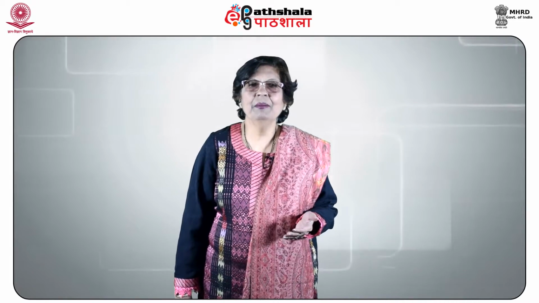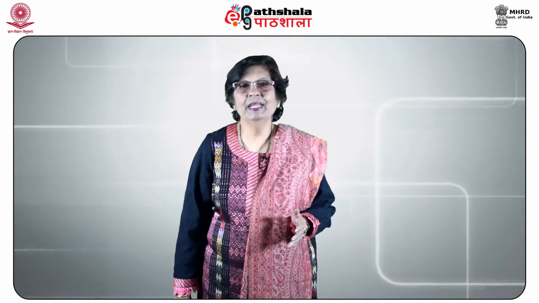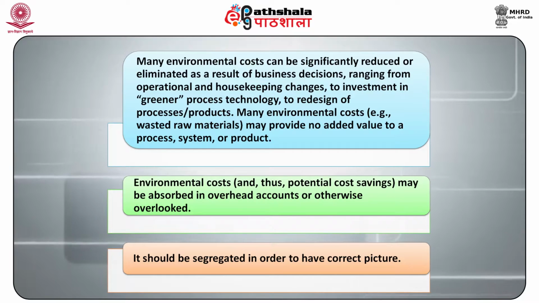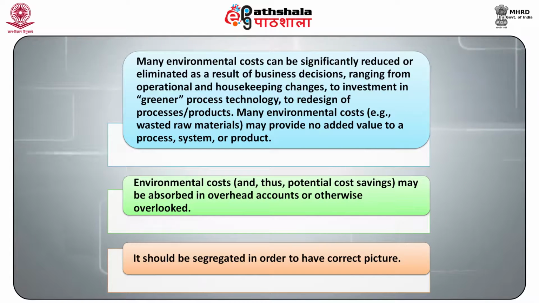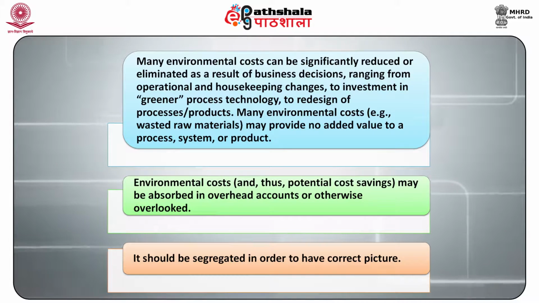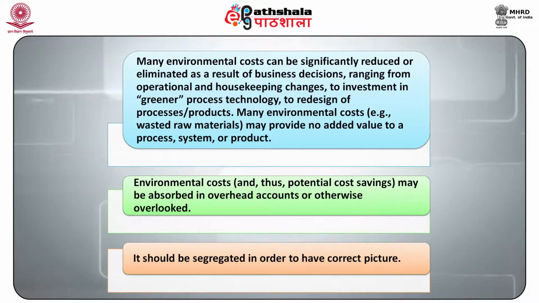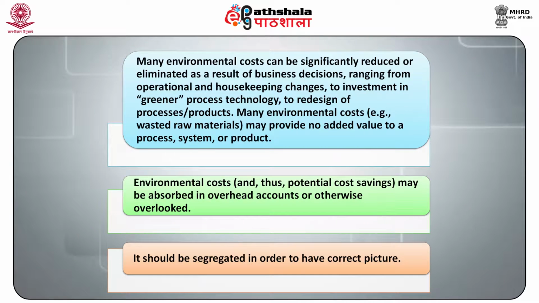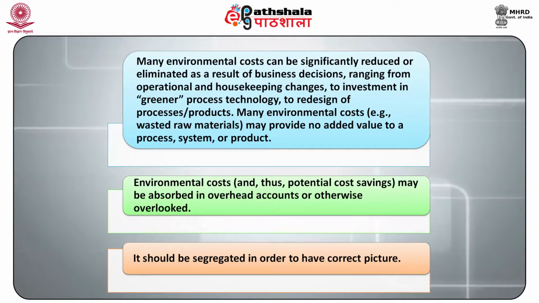Environmental costs and performance deserve management attention for the following reasons. Number 1. Many environmental costs can be significantly reduced or eliminated as a result of business decisions, ranging from operational and housekeeping changes to investment in greener process technology to redesign of processes and products.